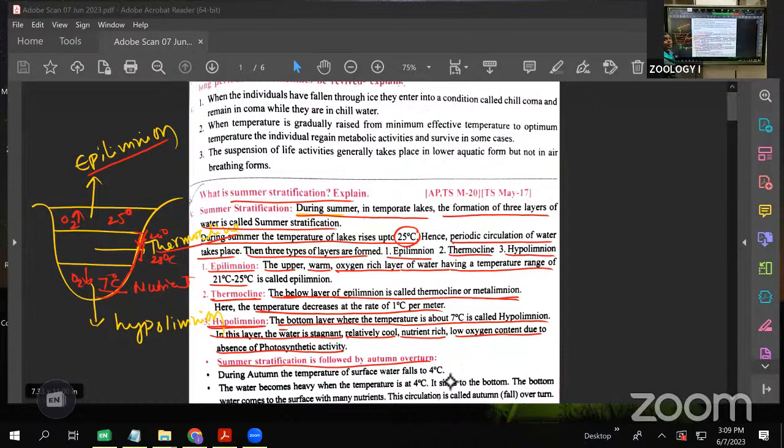Next, the summer stratification is followed by the autumn overturn. In temperate lakes, 2 overturns occur: one is the spring overturn, and one is the autumn overturn. Clear? We will see how it happens.